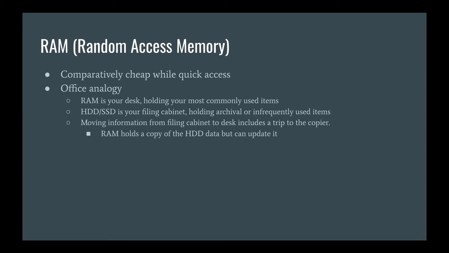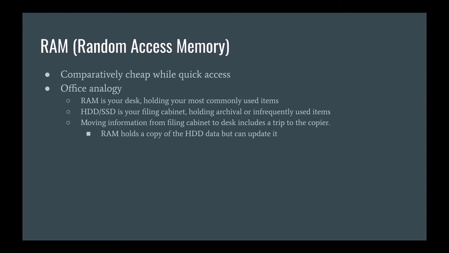Your hard drive is going to be your filing cabinet. So it's not your immediate workspace, but it's close to your workspace, and it holds information that is infrequently used, or you're archiving it for storage purposes or something like that. It may be used sometime in the future, but you're not immediately accessing it.